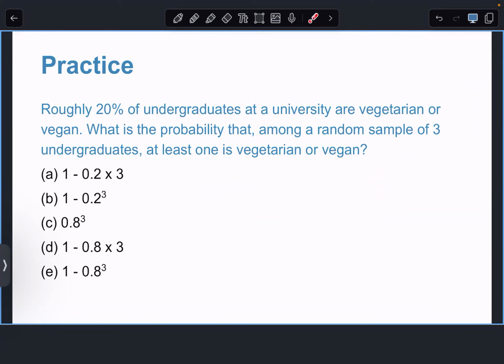So roughly 20% of undergraduates at a university are vegetarian or vegan. What's the probability that among a random sample of 3 undergraduates, at least 1 is vegetarian or vegan? Right. You could solve this 2 ways.